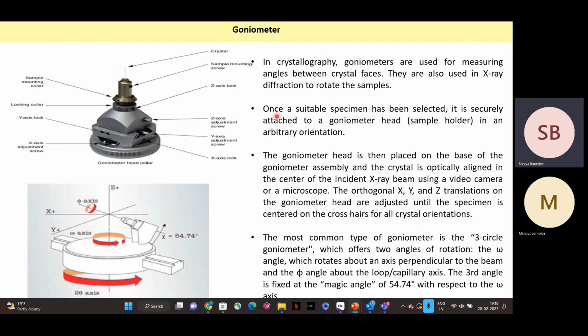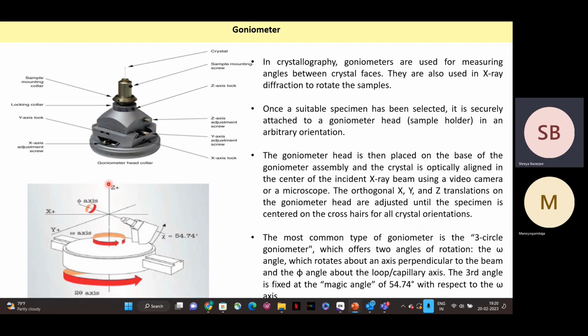So basically, what is done in a goniometer is that once you have a suitable crystal, it is attached to the goniometer head or the sample holder in an arbitrary orientation. The goniometer head is then placed on the base of the goniometer assembly, and the crystal is optically aligned in the center of the incident X-ray beam using a video camera or a microscope.